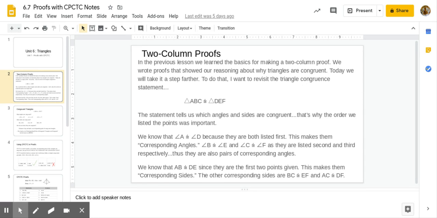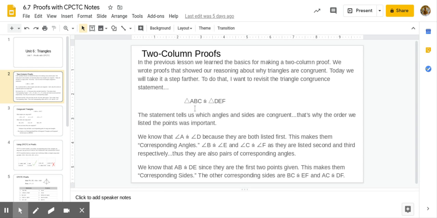And then the same thing is true for the sides. So one side of triangle ABC would be side AB. It's the first two letters. And that's going to correspond with the first two letters from the second triangle being DE. So the length of AB would be the same or congruent as the length of DE because they are in corresponding sections or order of the triangle statement. So those two would be corresponding sides.